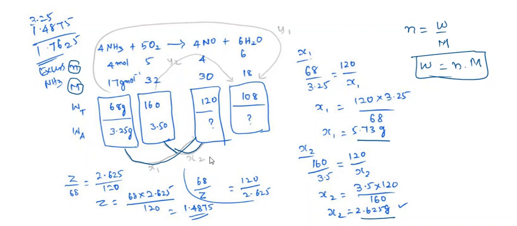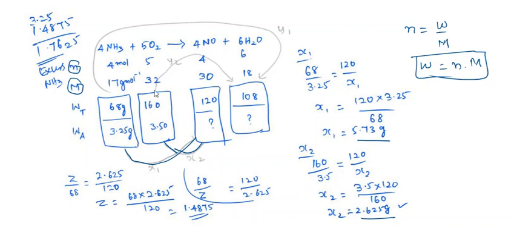This should be compared. So when you compare these two, based on the weight, we are working on two reactants, one is ammonia, another is oxygen. So we are working based on ammonia, and what is the value of nitrogen oxide obtained? From this we are able to get 5.73.